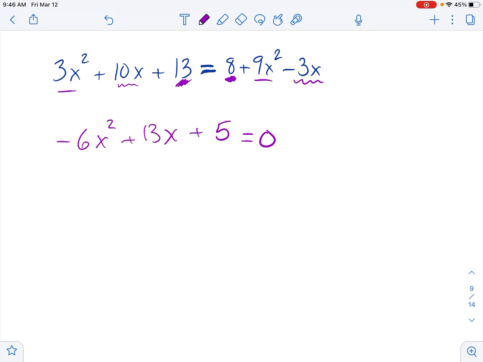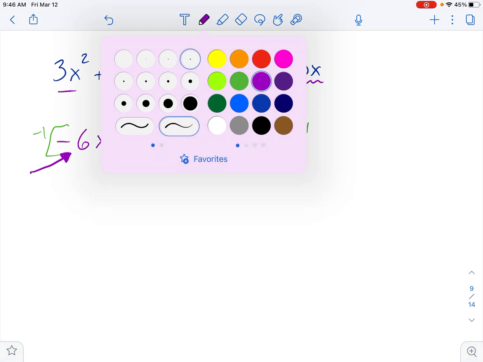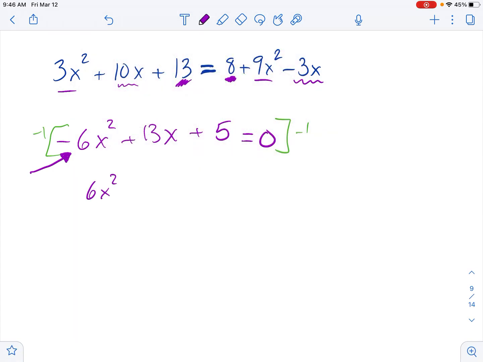I'm looking for a GCF. No dice. I'm going to look at my coefficient here. I really don't like that there's a negative, so I'm going to divide through by -1. Or another way to think of that is I'm going to multiply both sides by a -1. And yeah, I'm allowed to do that because I can multiply both sides by whatever I want. So I'll now have a -13x and a -5.